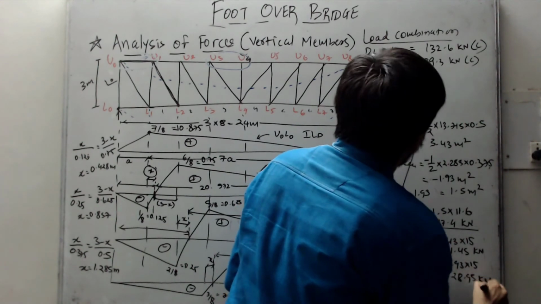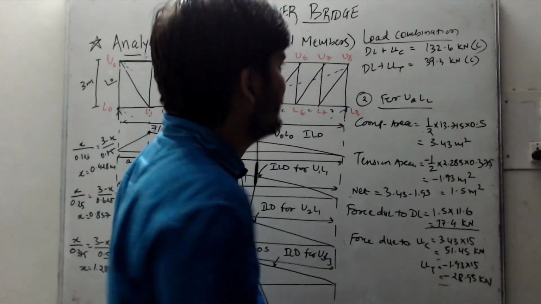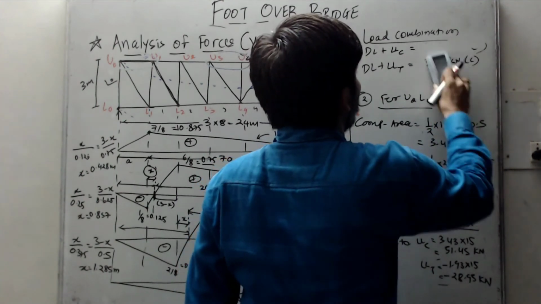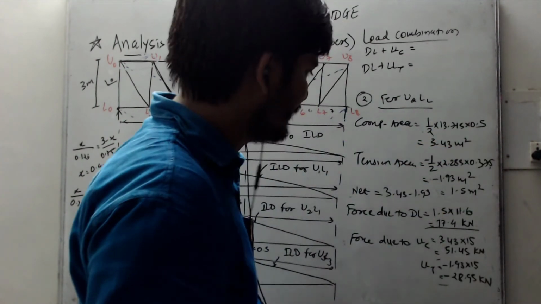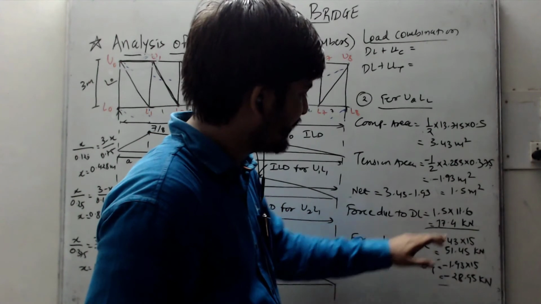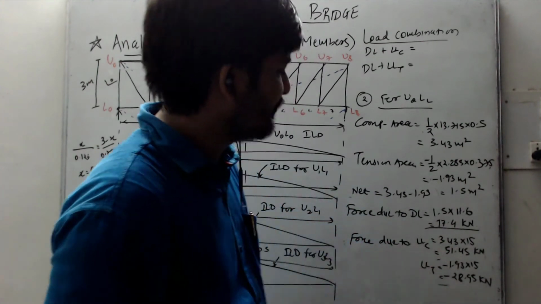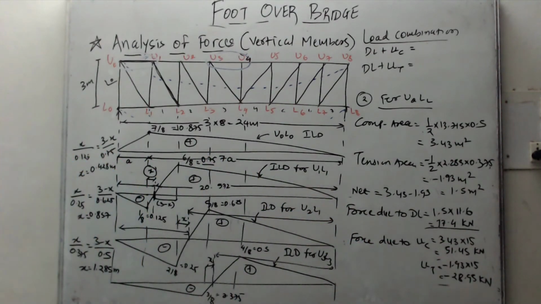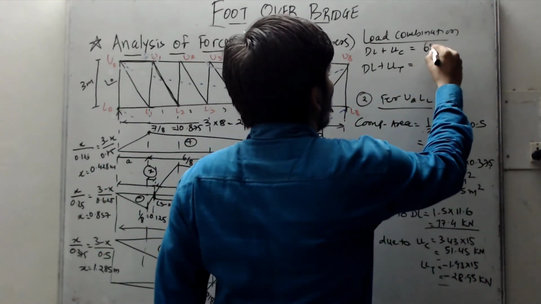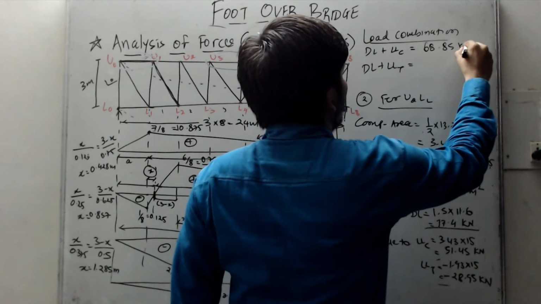Then I need to calculate the combinations of these. So dead load plus live load compression. Dead load is 17.4 and 51.45, so I'll get my first combination as 68.85 kilonewton. And now here the change comes.